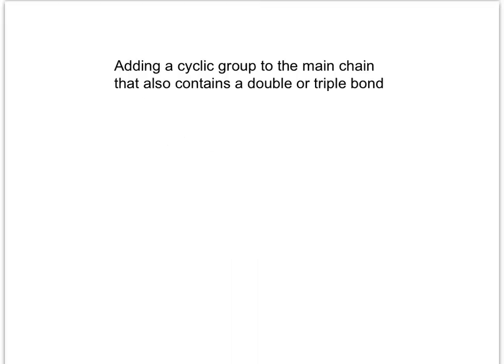All right, and then I have one more here. A cyclic group added to the main chain that also contains a double or triple bond. For this one, we can use maybe this 1, 2, 3, 4, 5, 6. Make it a double bond, and maybe put a cyclopropyl group. You've got to see this. This is 1, 2, 3 carbons that are just bonded to this carbon, which is on the main chain. All right, now the double bond is going to take precedence over the position of the cyclopropyl group.